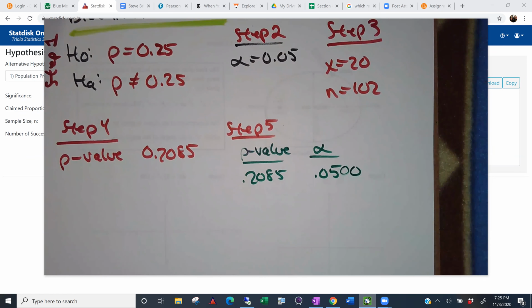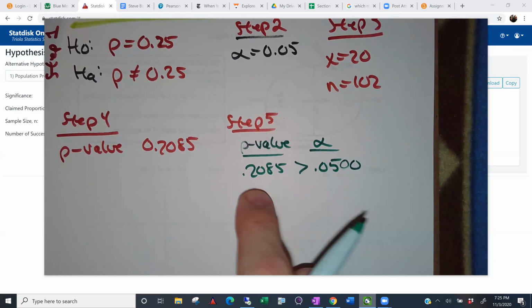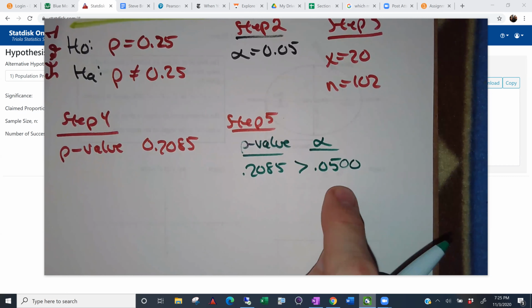Maybe that'll help you with the comparison. Which one's bigger? Should I put a greater than or a less than sign here? Greater than. This is bigger than this. Yeah. So what's that say about our null hypothesis? Do we reject or fail to reject?